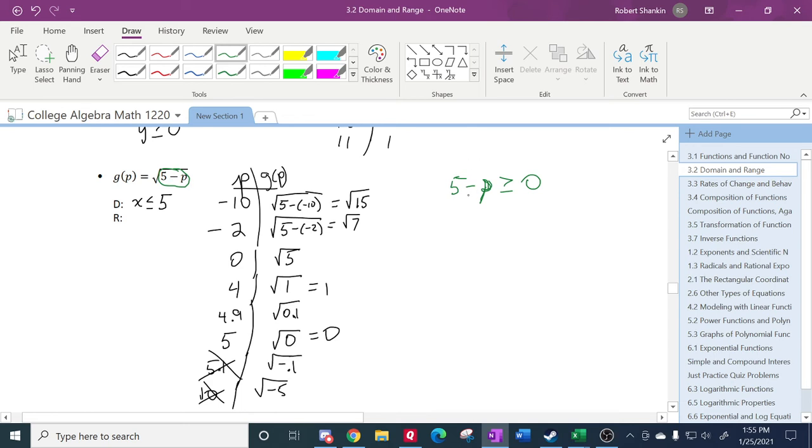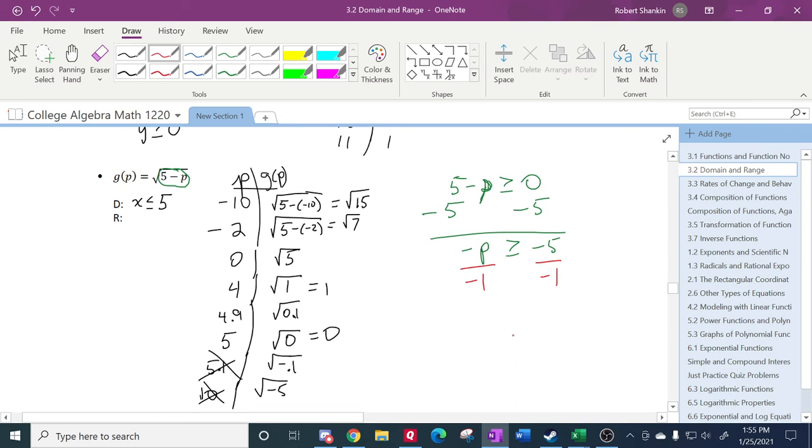So I have to solve this. Negative p is greater than or equal to negative 5. Now I'm going to divide both sides by a negative number.